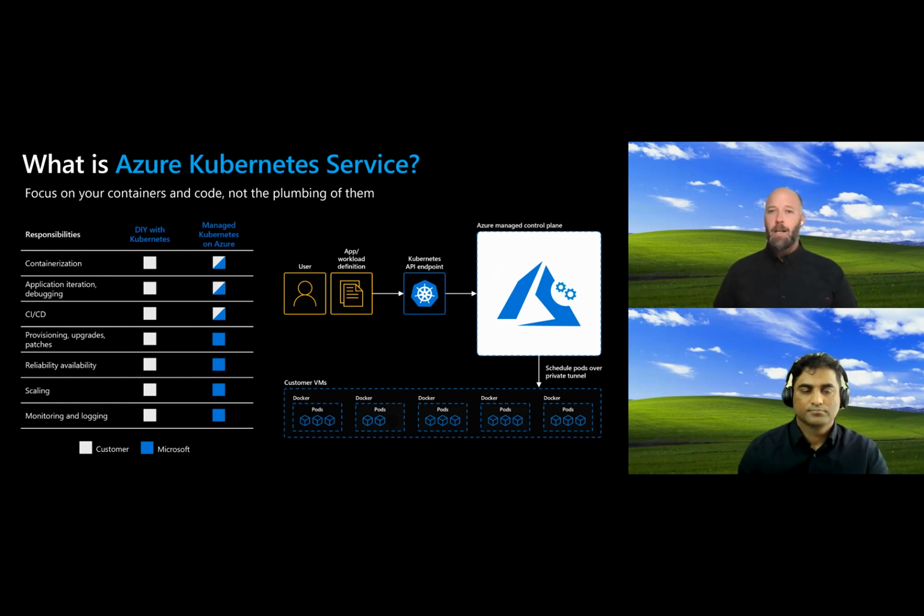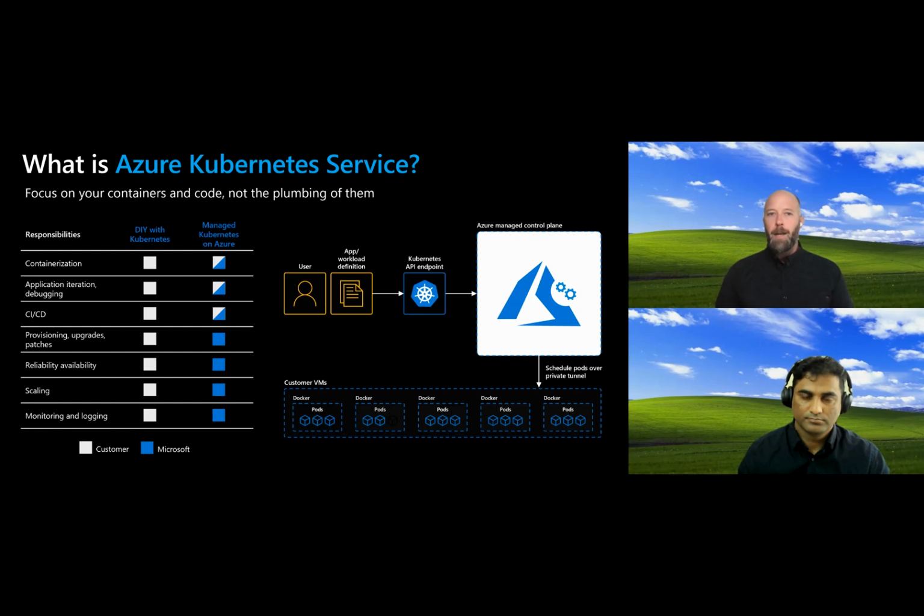And in fact, it's actually at no cost to the user. So the control plane, if you go with the default configuration, is a free service that we manage. And we provide a private tunnel from your VMs, which are part of the cluster, into that control plane so that we can run your workloads.